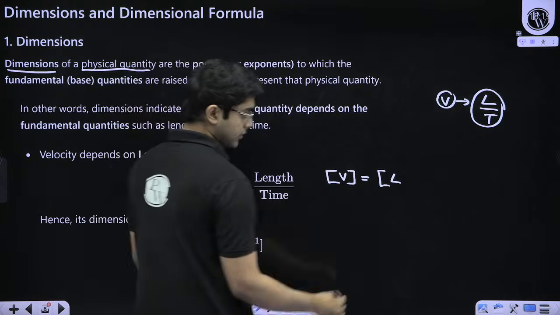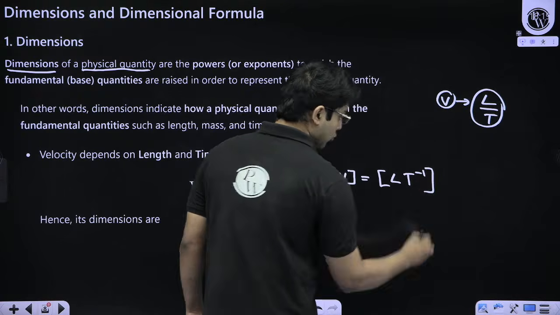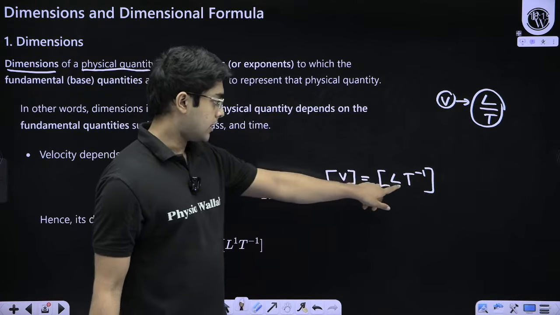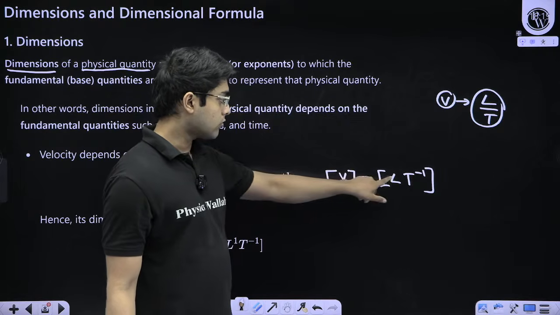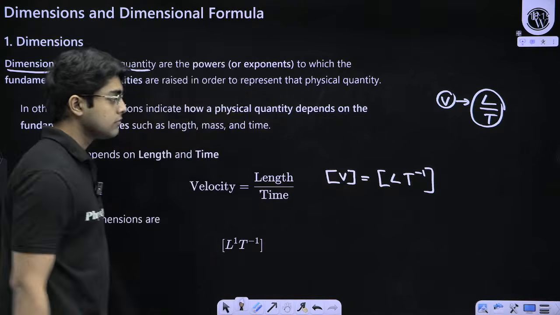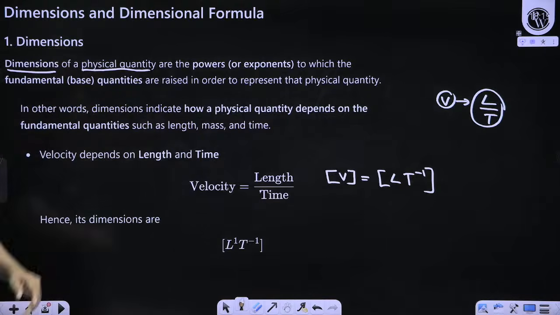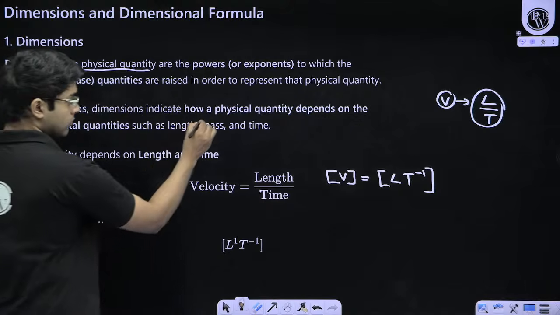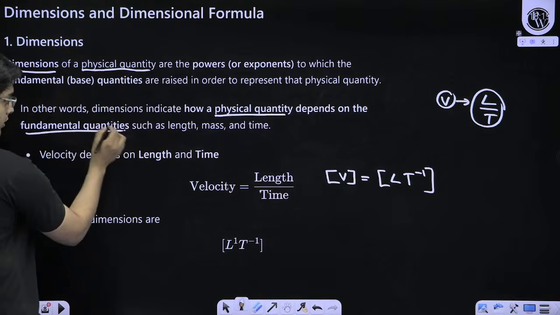So we will write it as T to the power minus 1. So what the dimension helps us understand is that this quantity velocity depends on length and time, as length and time are the fundamental quantities on which the velocity depends, okay? Dimensions indicate how a physical quantity depends on the fundamental quantities.